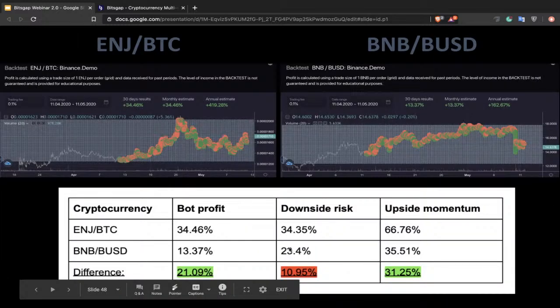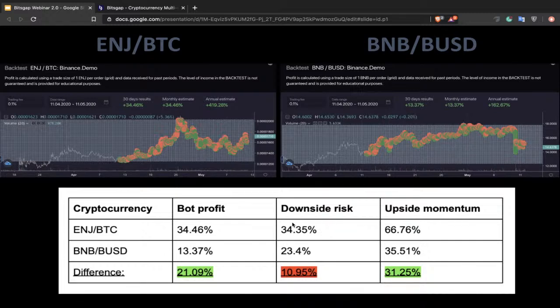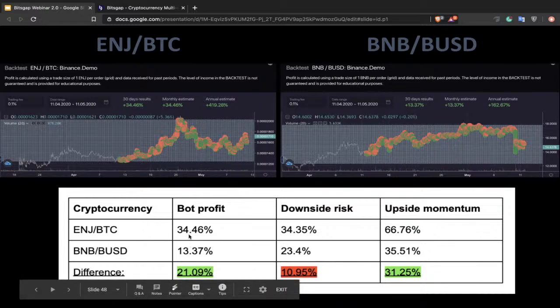But for that risk, it has only generated 13% in the bot profit. Whereas if you take a higher risk, like in case of the NG, which was 34%, your bot profit is higher, almost by 3 times. Well, to be precise, it is higher by 21% comparing with BNB. So taking higher risk, in this case, you get a higher return.